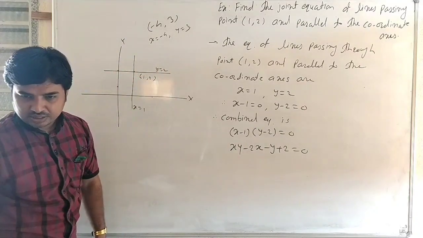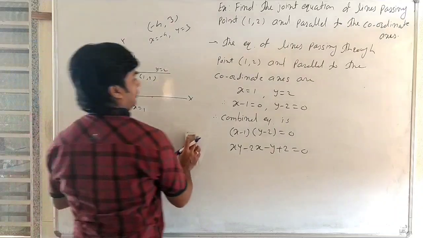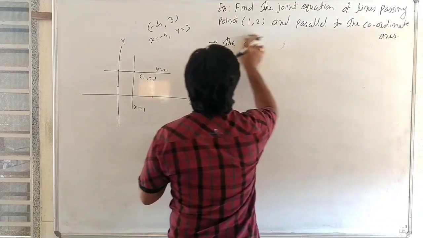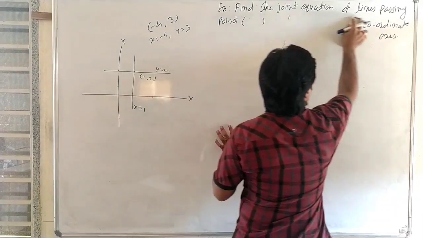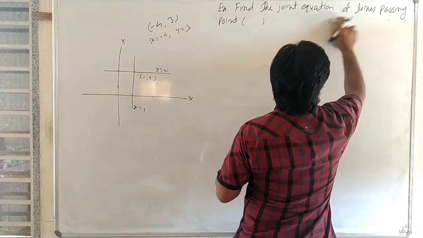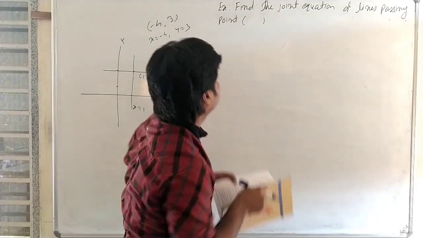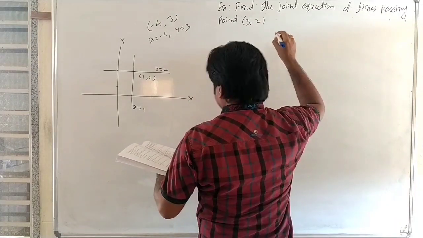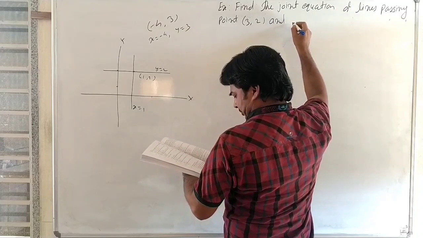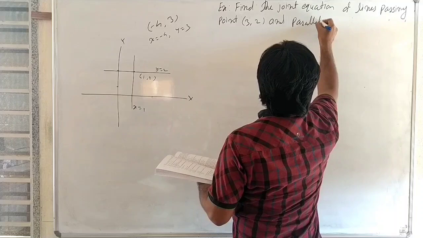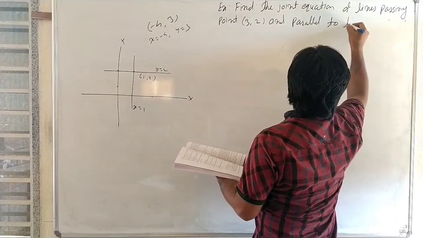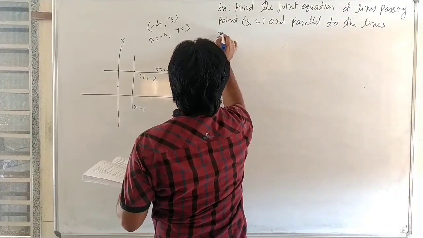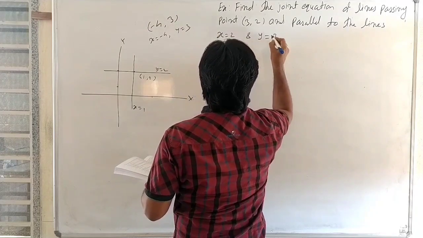Okay, now we see the second example. Lines passing through point (3, 2) and parallel to the lines x = 2 and y = 3.